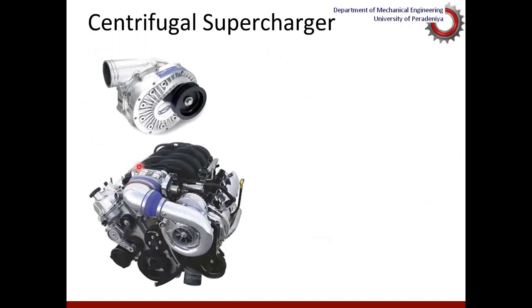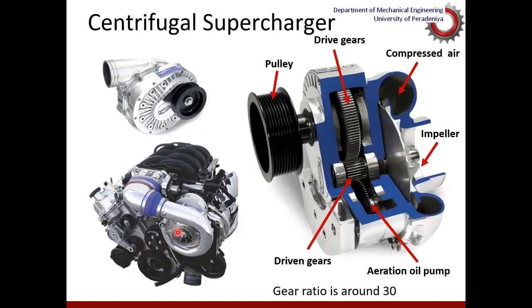And this is a centrifugal supercharger fitted into an engine. This is the intake system and supercharger, and the air is delivered to the cylinders from this side. Air is induced from this side. And this is a cutaway section of a centrifugal type supercharger. There is a gear arrangement inside. The gear ratio is around 30.